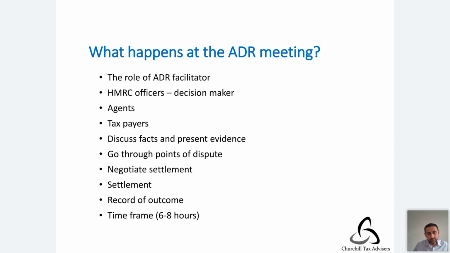In that, we record what agreement we've reached, what settlement we've reached, if there's any further evidence to be provided, and if any further work is to be done. But the intention should be to reach a settlement before the end of the day. If you haven't, there might be some more information. It does happen on several occasions that you might reach a partial settlement, and the rest would be based on the evidence that is to be provided subsequently.